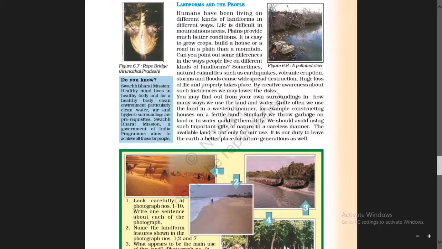Similarly, we throw garbage on land or in water, making them dirty. We should avoid using such important gifts of nature in a careless manner. The available land is not only for our use, it is our duty to leave the earth a better place for future generations as well.